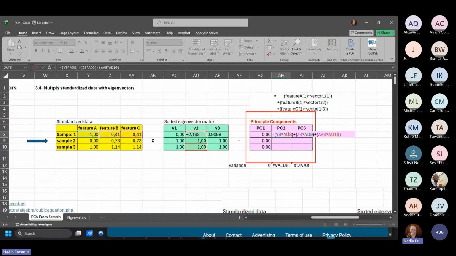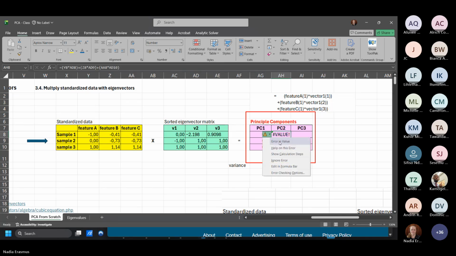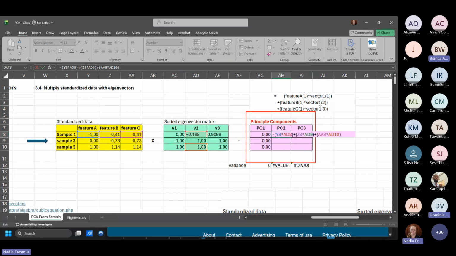And why doesn't it give me a value? The formula is saying feature A1 times vector 1, 1. We are using a point. You're instead using a vector comma 2.